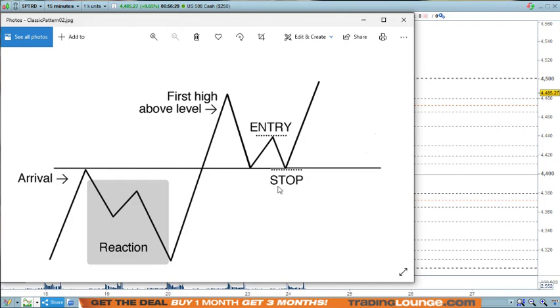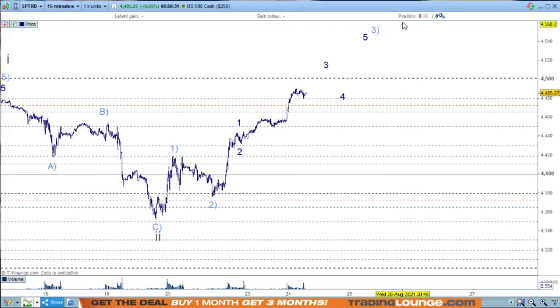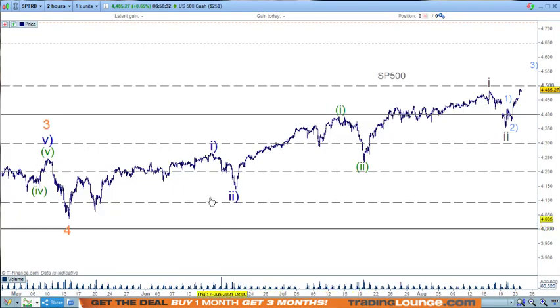And when you think about it, if we go back to the 2-hour chart here for a moment, we've got 1 and 2 and 1 and 2 and 1 and 2. So we're in the third of the third of the third of the fifth wave here. So we should see this chug along quite nicely, and it's starting to do that.